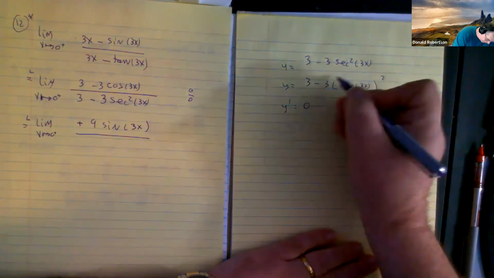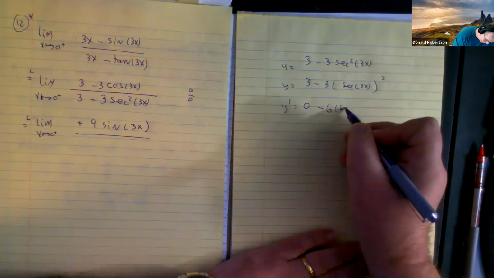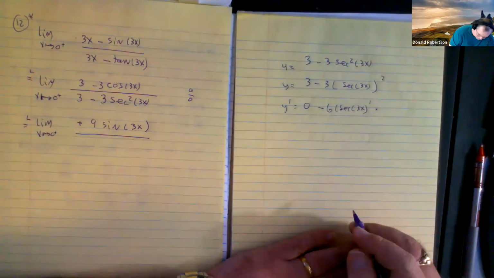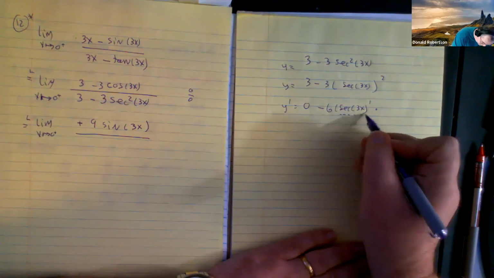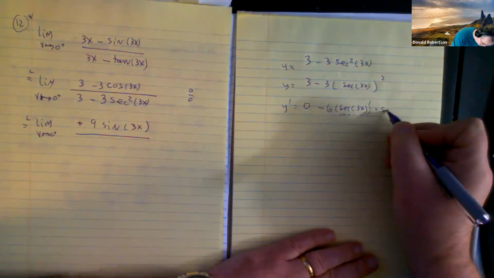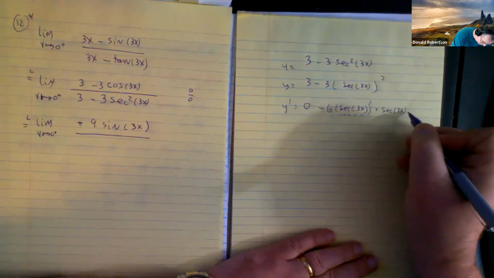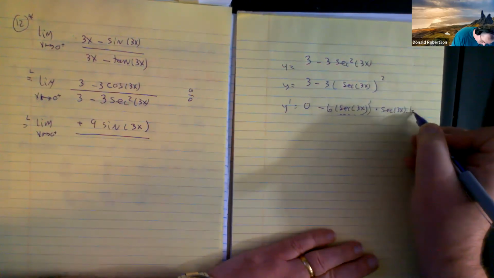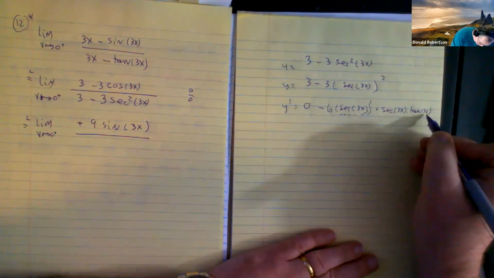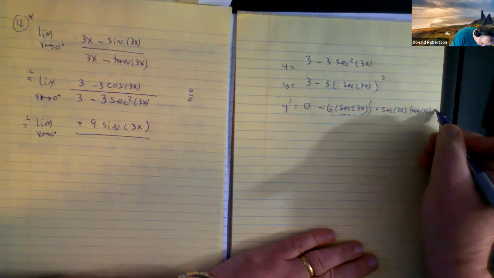Chain rule, multiply by 2. And then you differentiate the secant of 3x, right, the inside function. The derivative of secant 3x is secant 3x times tan 3x times the derivative of 3x, which is times 3.